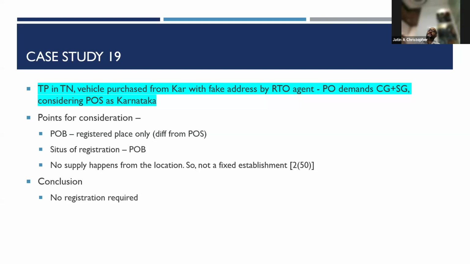So you will get KA registration or TN registration? KA registration, sir. So will you be charged IGST or CGST, SGST? If you are getting KA registration, what tax should the dealer charge you? It will be CGST, SGST, sir. CGST, you will get ITC in Tamil Nadu for this. No.